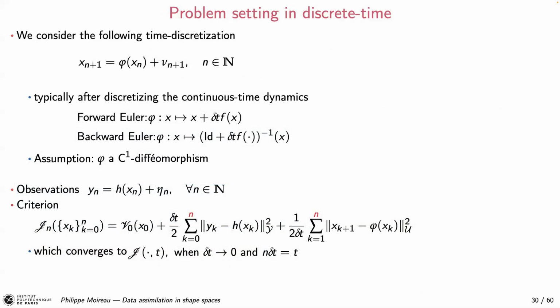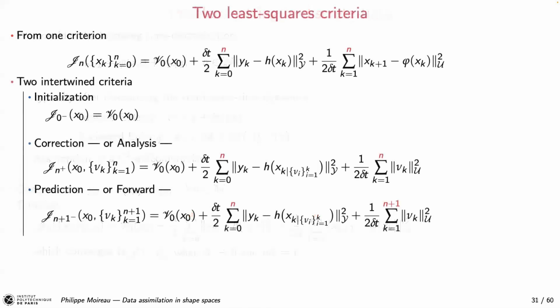Then you have also discrete observations. You discretize the criterion, and you define again two versions of the criteria, where basically you take the observation up to time n for a dynamics going up to time n, or you take the observation up to time n for a dynamics going up to time n+1.